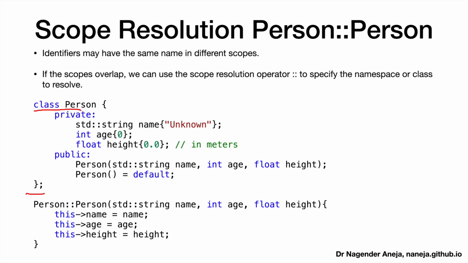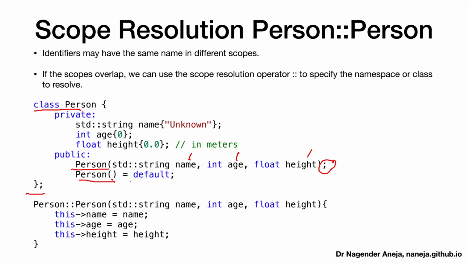For example, here we have a person, and this person is a constructor that takes the name, age, and height, and we don't have any definition, just a semicolon here. And similarly, we have a person which is not accepting any values, no arguments here.